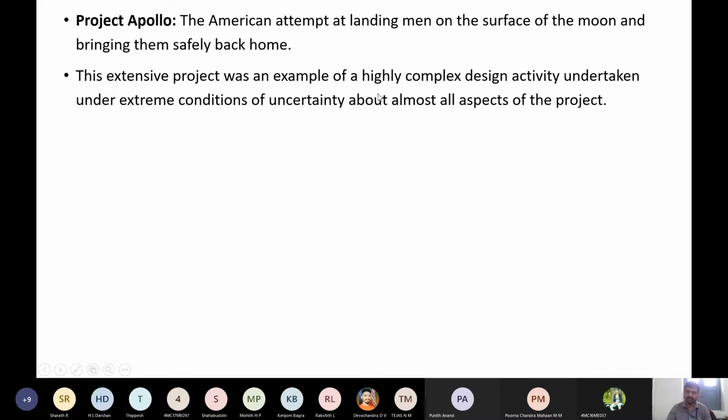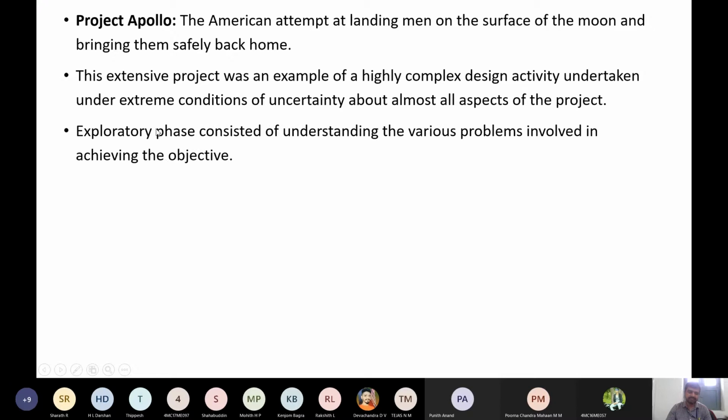Since there is no history of sending man to the moon successfully, there was a lot of uncertainty. That means enough information regarding doing this task was not available at that time. So that's why there was a lot of uncertainty regarding various aspects of this project.